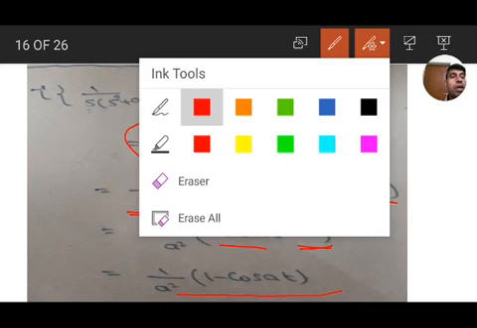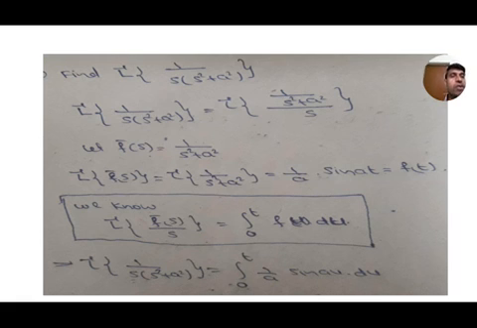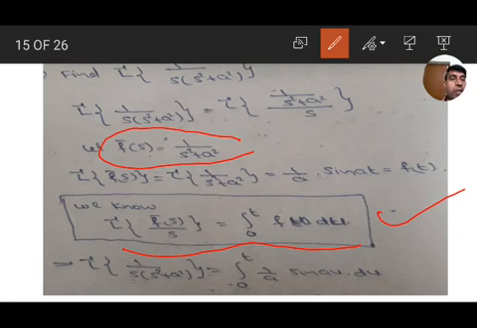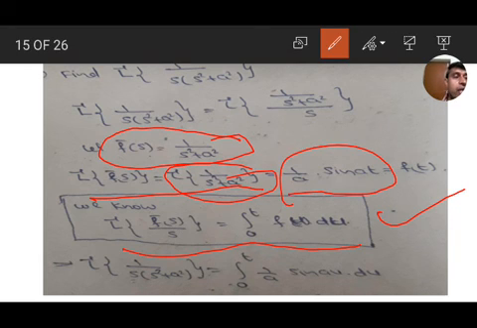Here the given function is of the form 1 by s square plus a square, by s, which means it is the f bar s by s form. So using the formula L inverse of f bar s by s is integration 0 to t f of u du, take f bar s equal to 1 by s square plus a square, and its inverse Laplace transform L inverse of 1 by s square plus a square equals 1 by a into sin at.